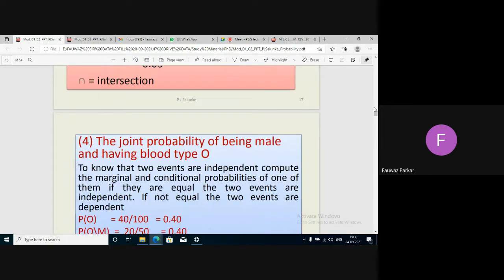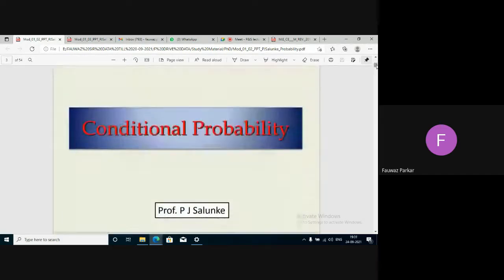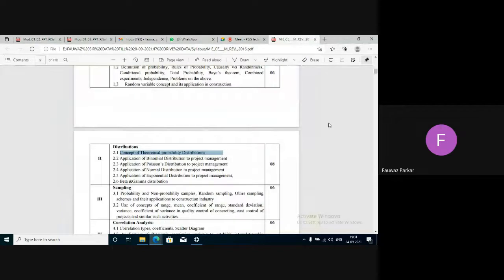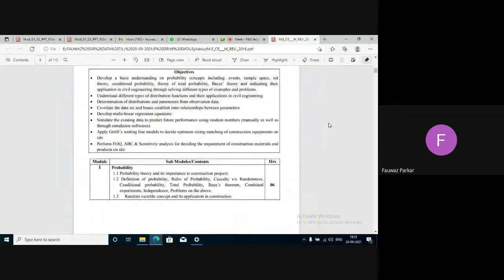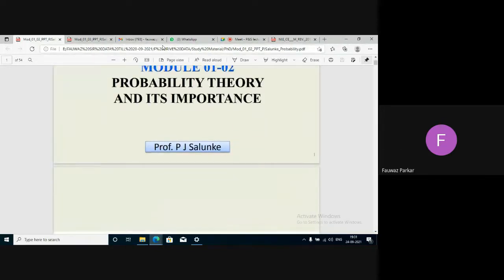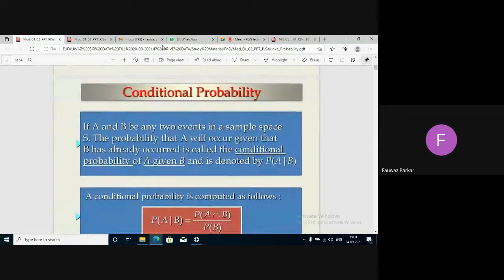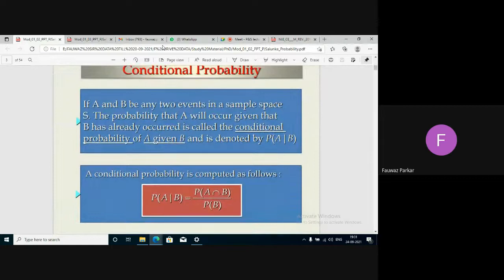Anyway, the other day we had covered 1.1, in which we had discussed the definitions of probability and then we had done a small exercise where you all gave some answers. Okay. So anyway, we'll start with conditional probability. I'm sure most of you may know what conditional probability is. So what is conditional probability?